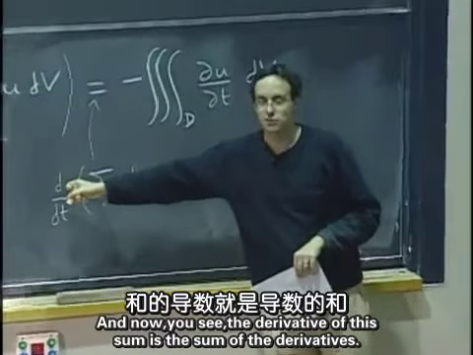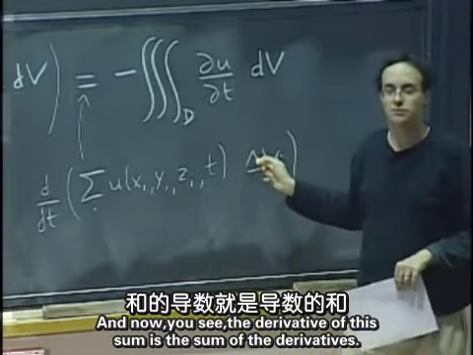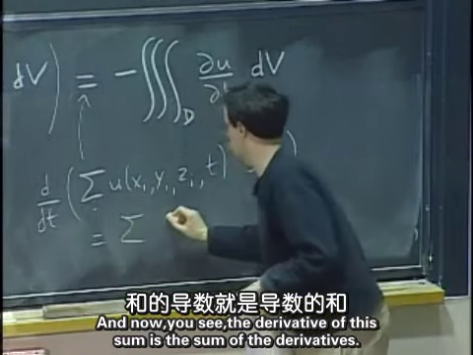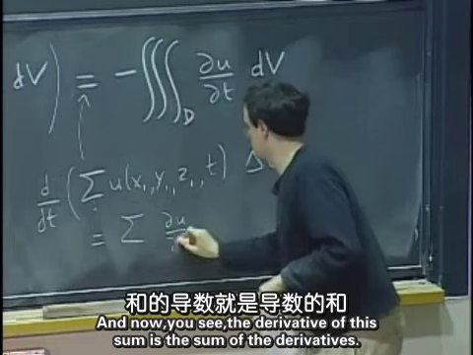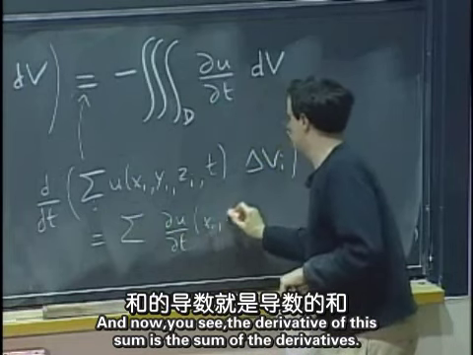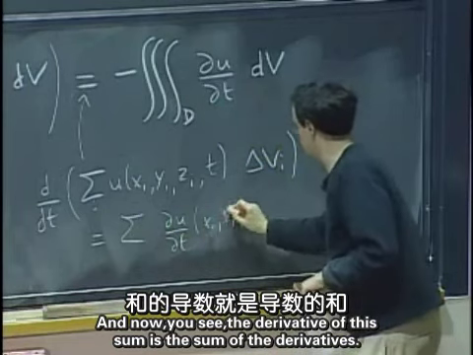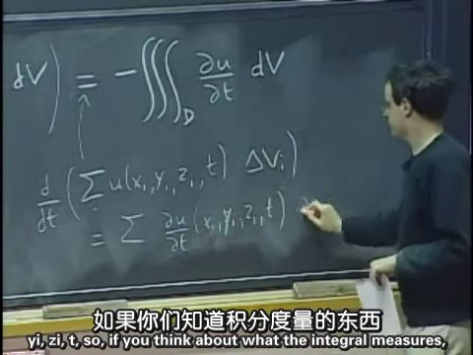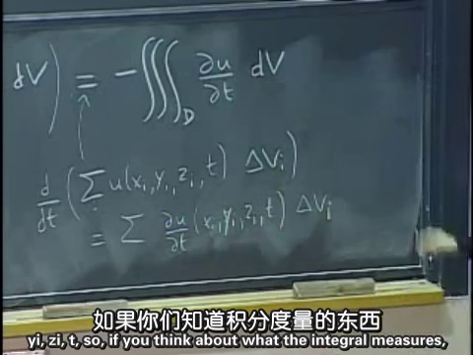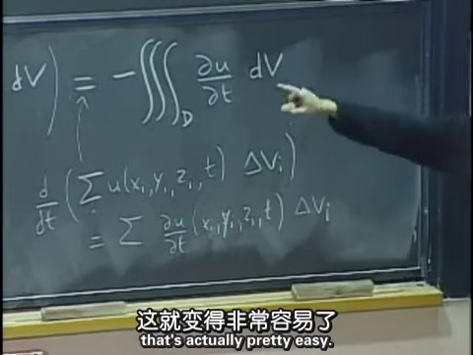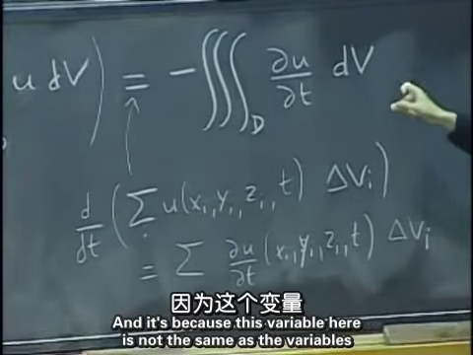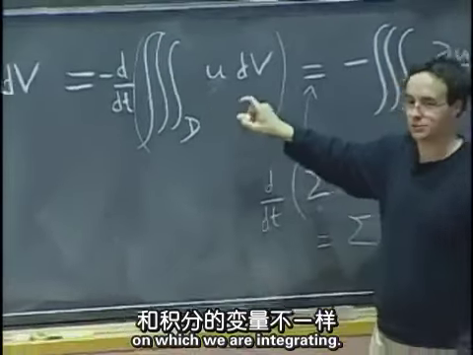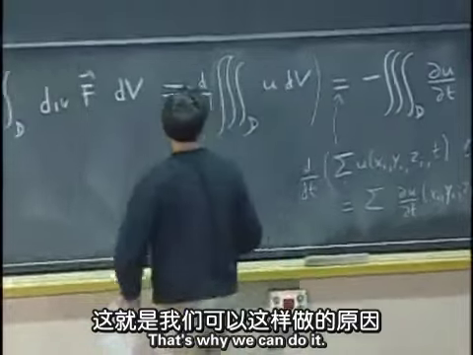And now you see the derivative of this sum is the sum of the derivatives. So if you think about what the integral measures, that's actually pretty easy. And it's because this variable here is not the same as the variables on which we're integrating. That's why we can do it.